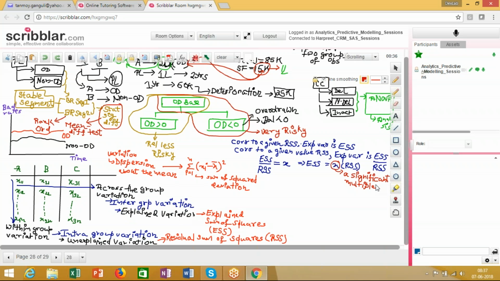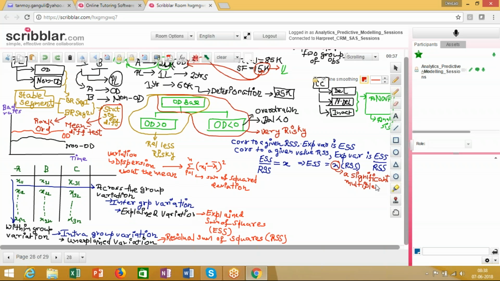So this is what ESS by RSS is, and that is why we are trying to test for the significance of this value. Clear? Yes, Tanu. Okay, great.